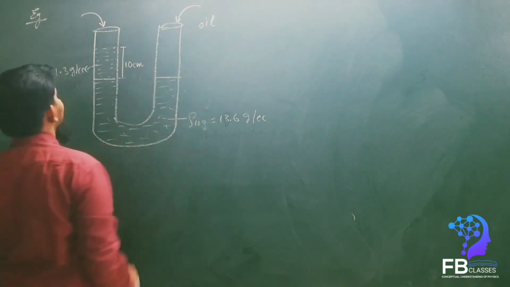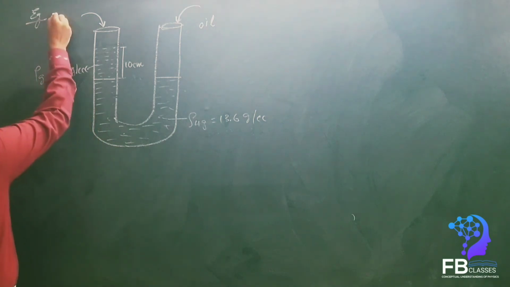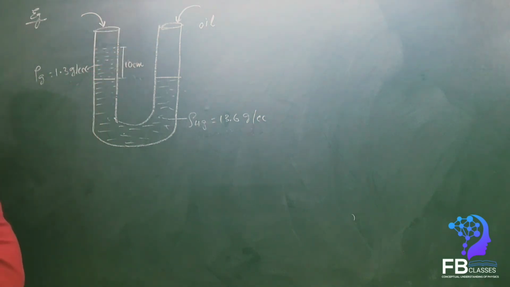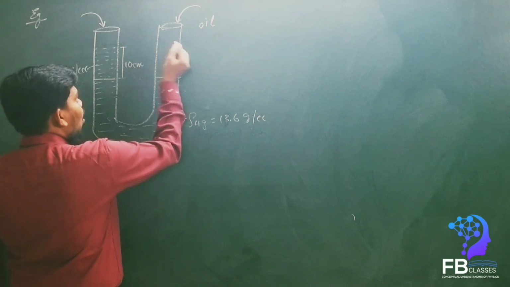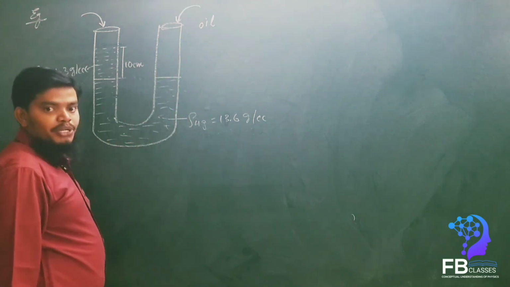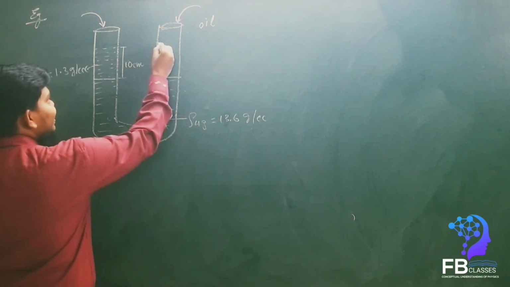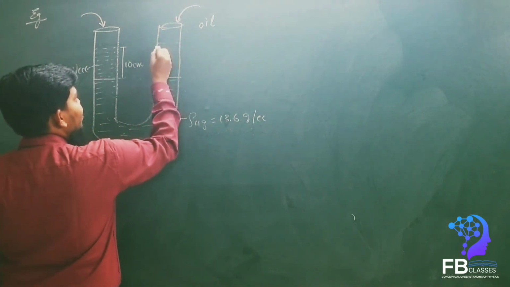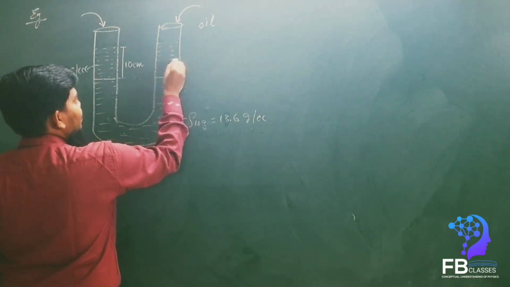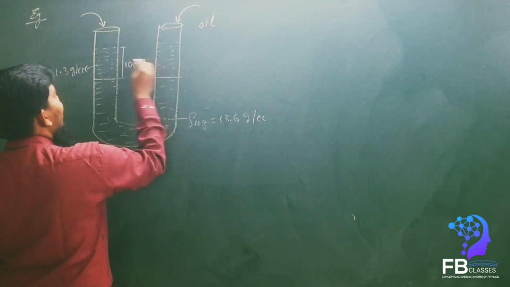Here is glycerin, that side is oil. So the question is, how much oil should be added to the other end of the column such that the surface of the oil will come to the same height as the glycerin.